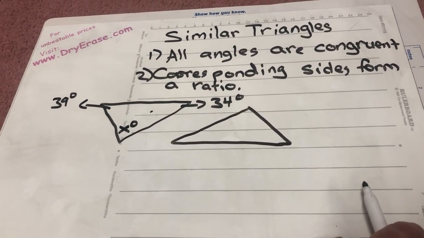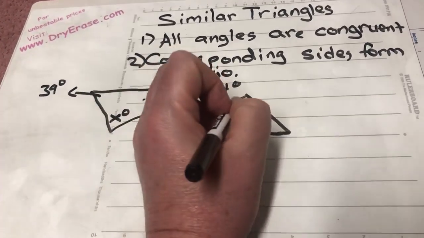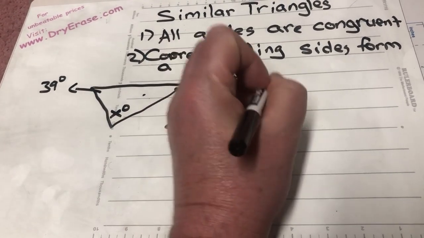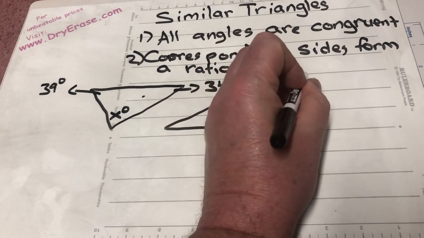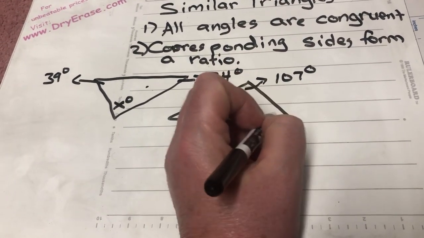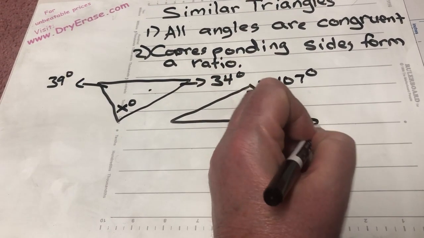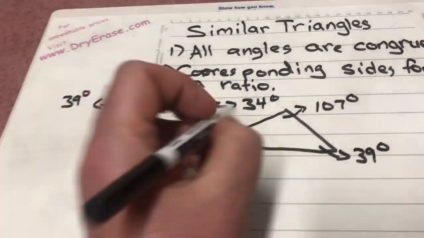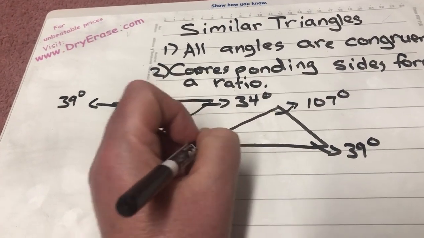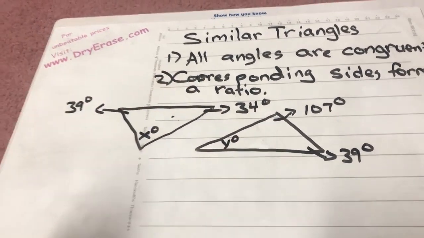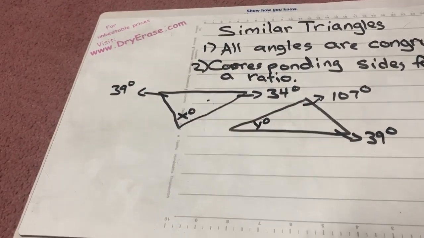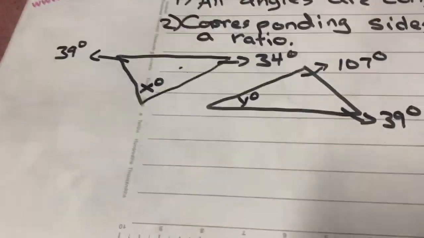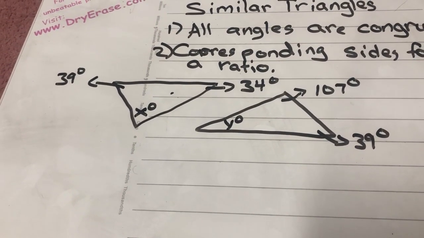Okay, not exactly the same, but it kind of looks similar. We're going to say that this angle right here is 107 degrees, and this angle right here is 39 degrees. And this right here is going to be y degrees. Our job is to figure out whether or not these two triangles are similar.